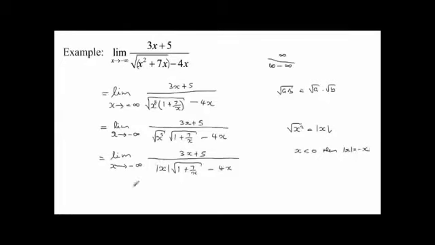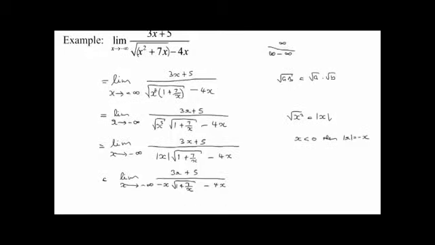So now we can transform this expression to limit as x is approaching minus infinity, 3x plus 5 over minus x multiplied by square root of 1 plus 7 over x, minus 4x.